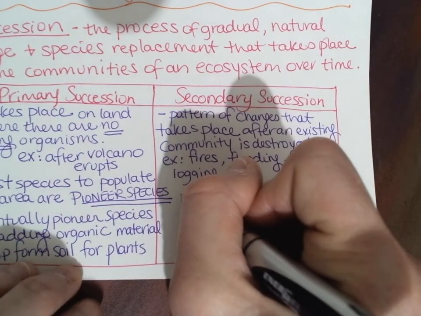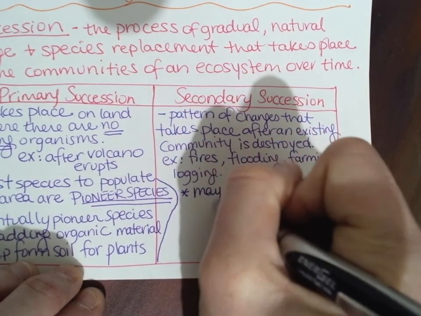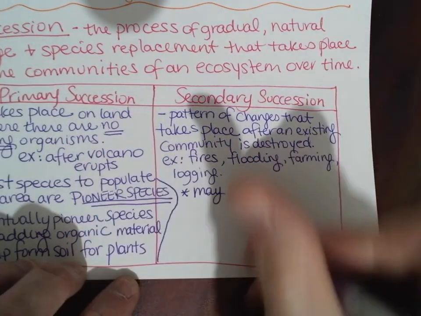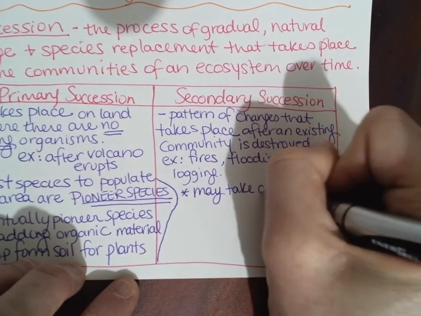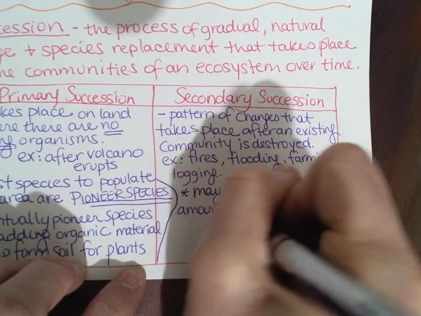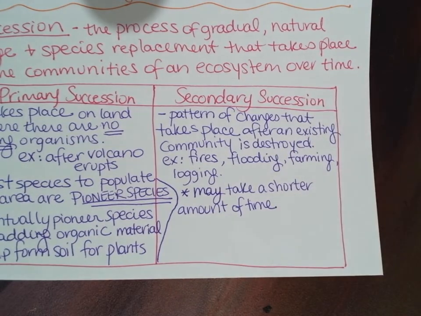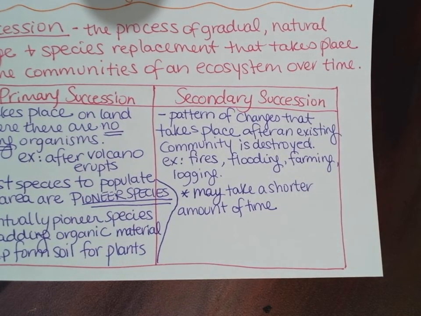So this process may take a shorter amount of time. I mean, for me, it was like 12 years where I saw an area go from being completely cleared out with a building built on it to growing back to almost what it looked like before, with almost wooded areas.